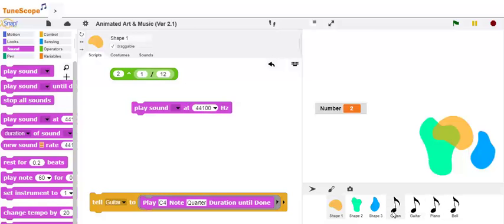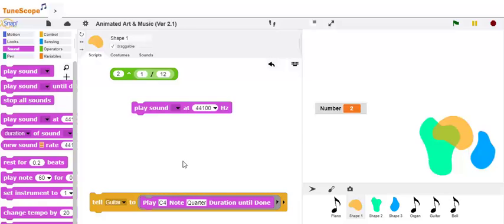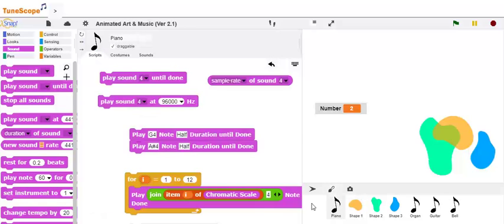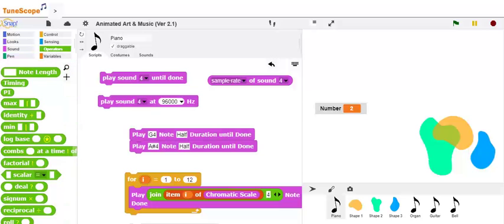I need to go back over here to my piano note, and if I start out with C4, then I'd play that back at 48,000 samples per second. But now I'm going to need that 12th root of 2 that I just created somewhere. Hang on just a second. I think I have it in the operators here. So let me drag that out.